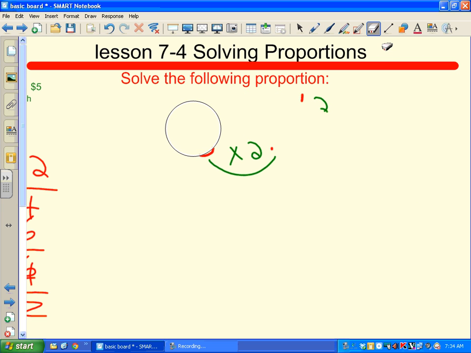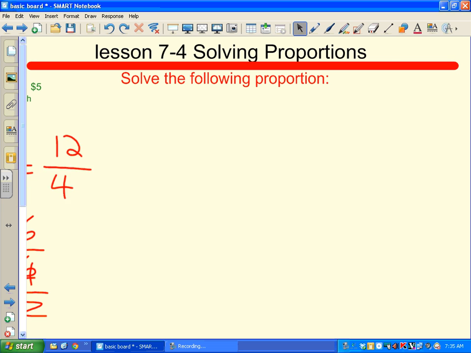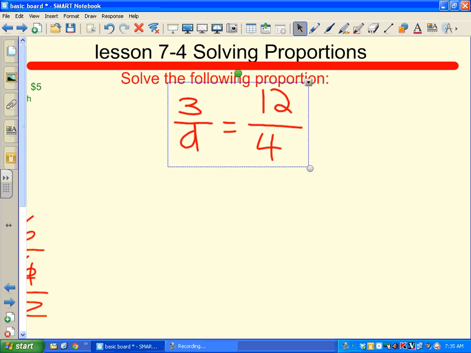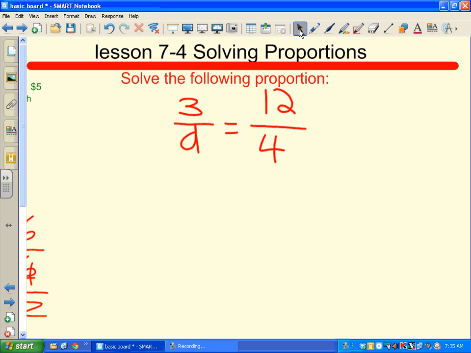Let's do a few more really quickly, and then we'll do a quick word problem and call it a day. Our next one, 3 over D equals 12 fourths. Now we know 3 and we know 12. To get from 3 to 12, do I multiply or do I divide? Well, looks like I'm multiplying by 4.